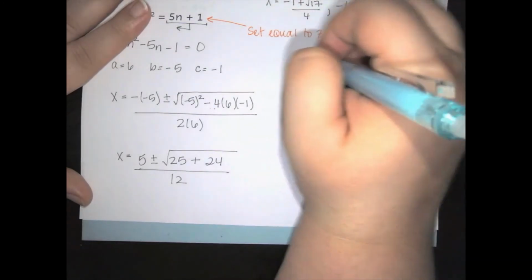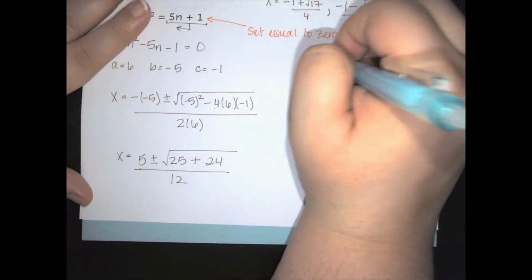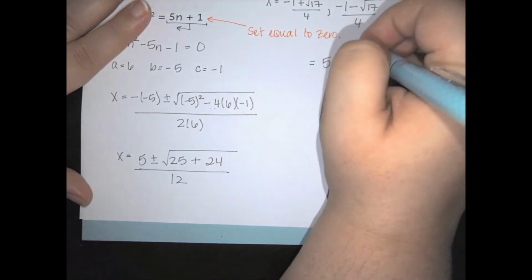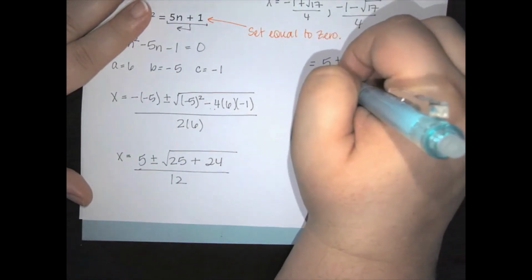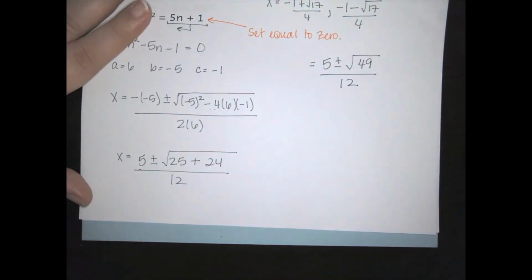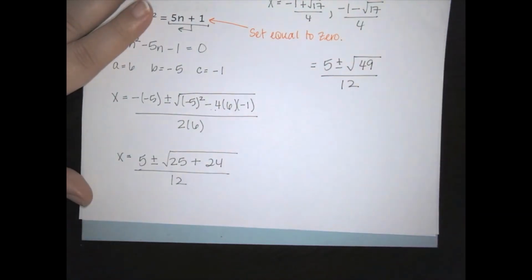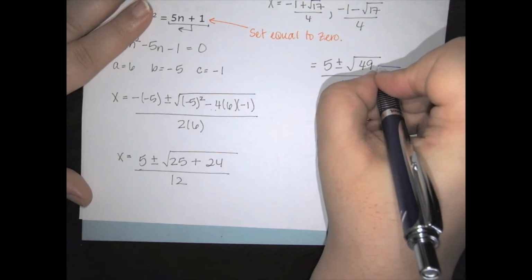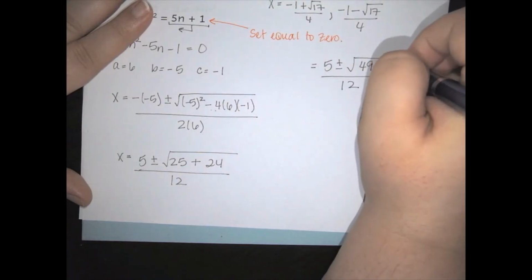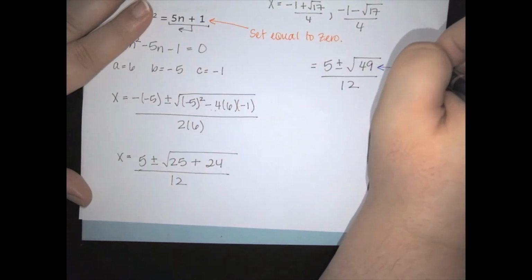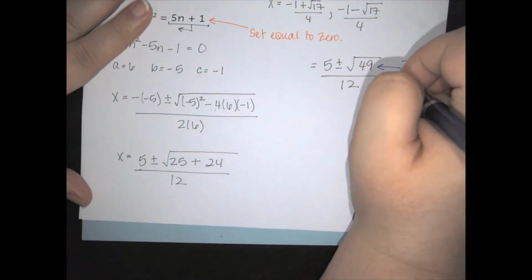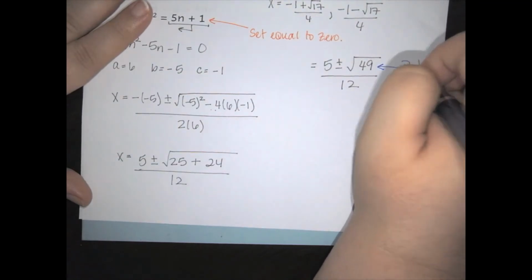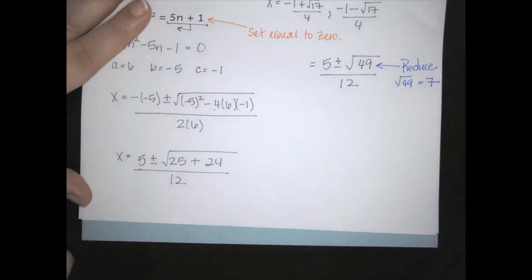Continuing on, we have 5 plus or minus the square root of 49 all over 12. Again, we need to reduce, and we know that the square root of 49 is going to become 7. 7 times 7.